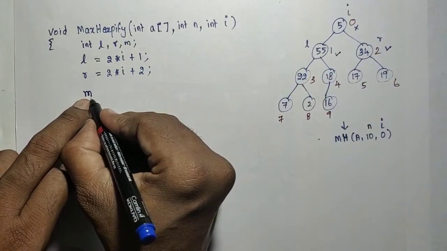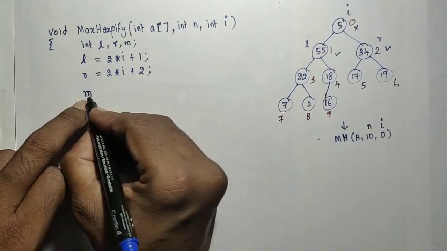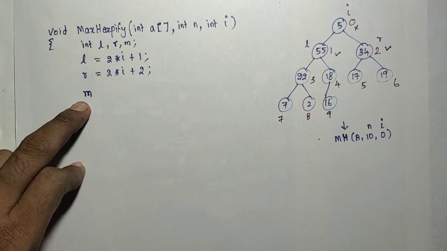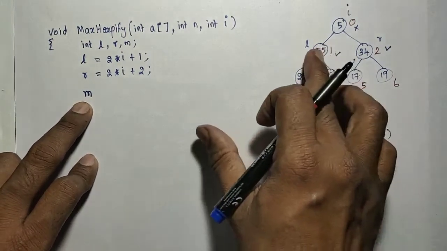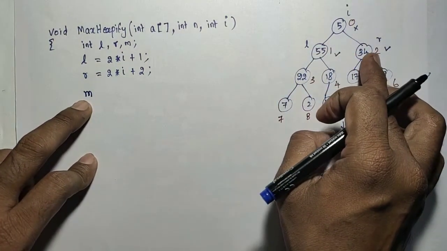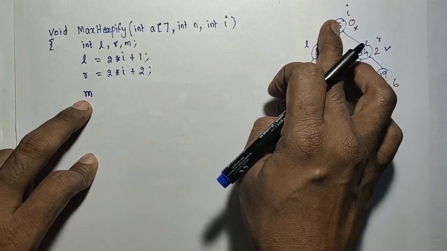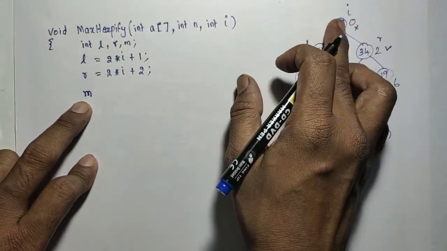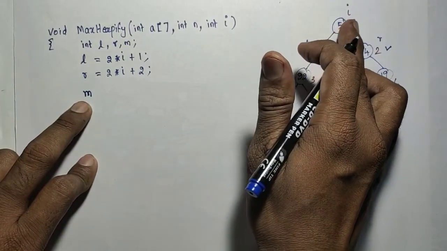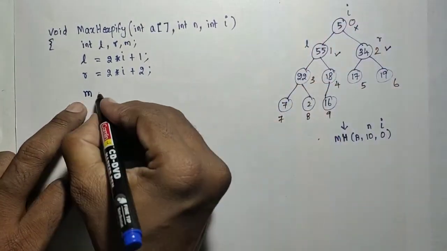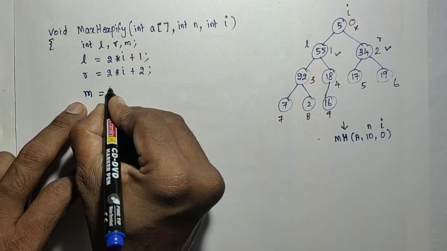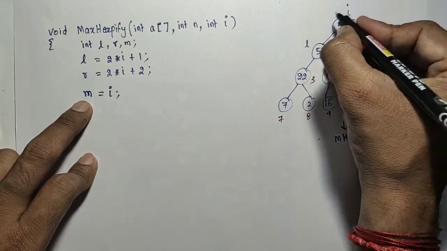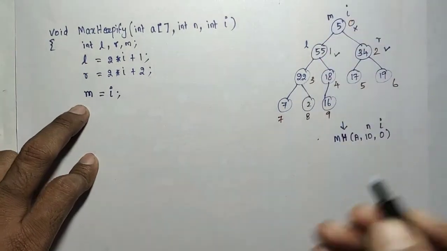So I am going to introduce a variable M. How can we find the maximum between the two? Initially you assume that the ith node is the maximum. Assume it is the maximum. The ith node's index is marked as M. So M equal to I, not the element, the index is marked as M.